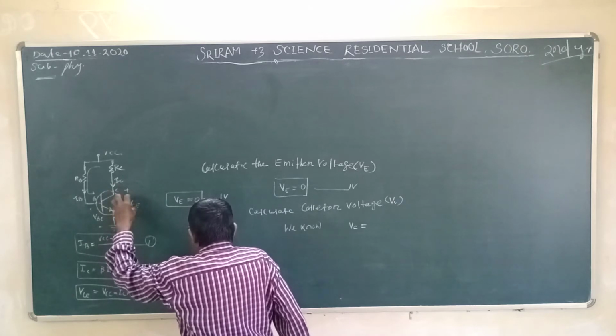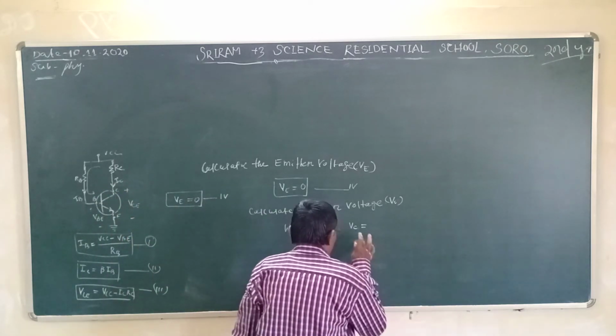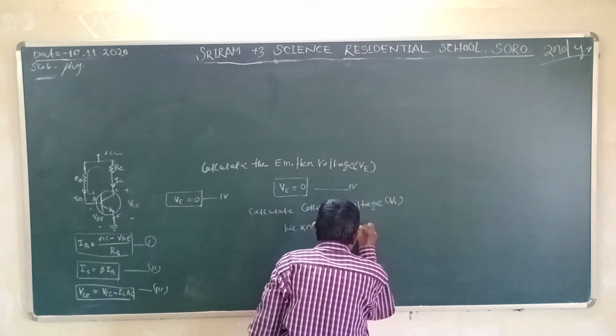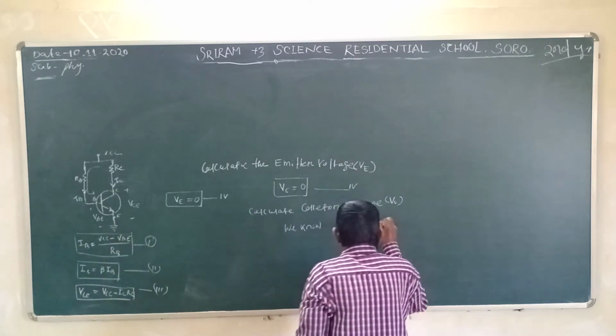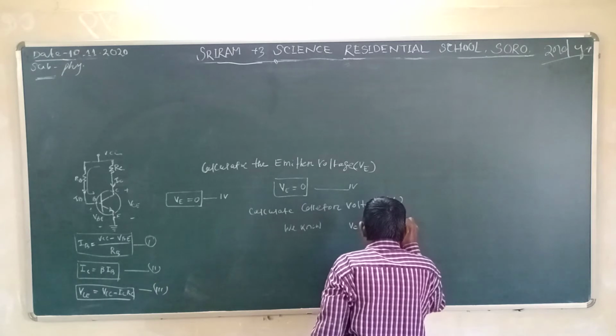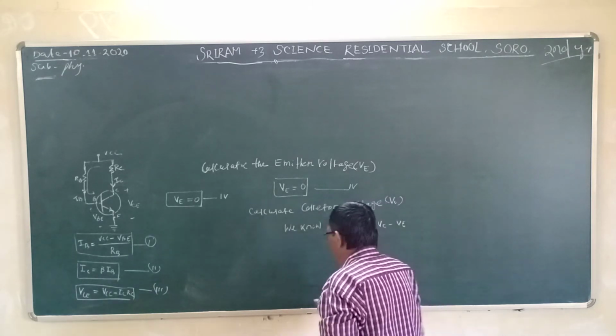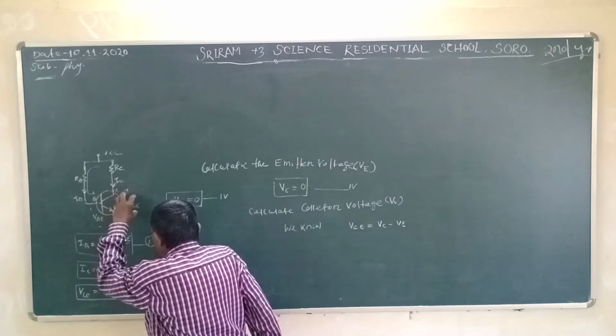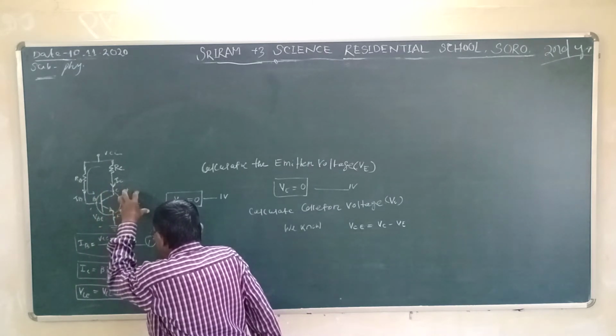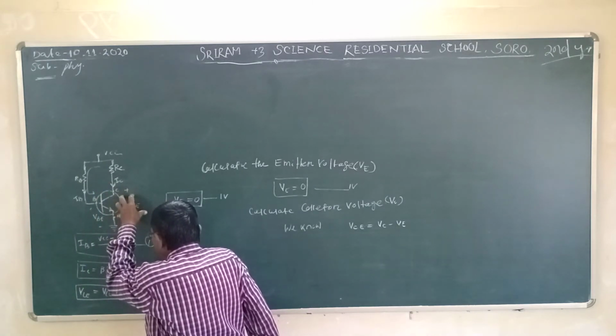In another way we say that VCE equal to VC minus VE. Now consider VCE, that is the collector emitter voltage, that is the junction voltage.